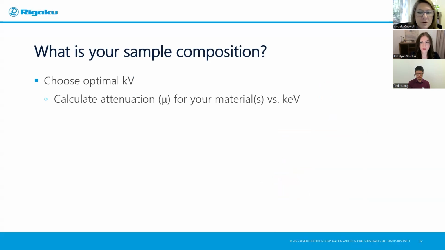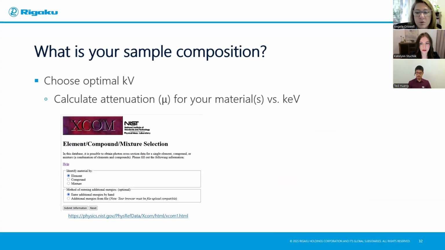So first, what is your sample composition? That's going to help you determine the right kV for your settings. It turns out you can calculate the attenuation, or look in tables to get the attenuation of your material, and plot that versus keV. One of the tools that I like to use is NIST's XCOM website. Caitlin's going to put a link to that here. Basically you can put in your element, compound, or mixture, and then get some specific keV values.